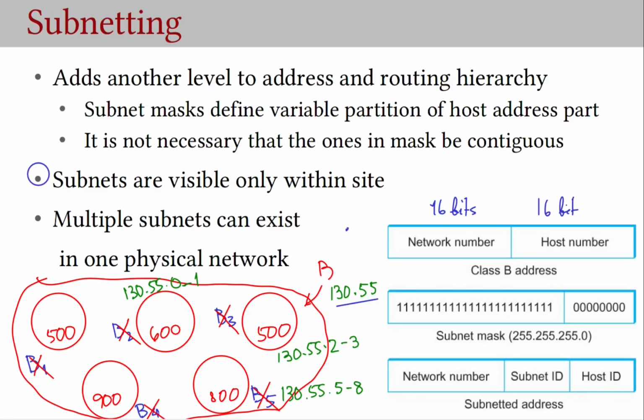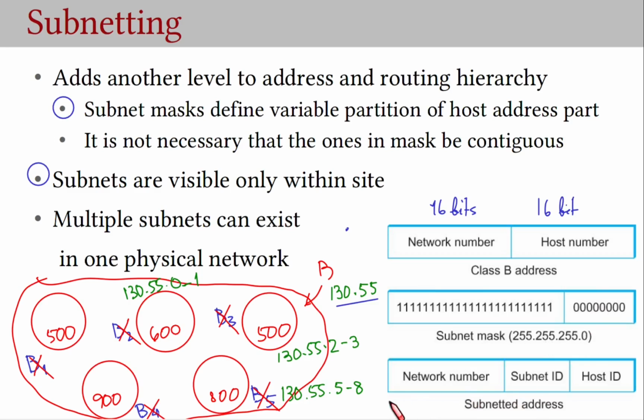This sharing of a single network number across different physical networks is accomplished using two things. One is called subnet mask and the other one is called subnet number. And subnet mask has this form of some ones, they may not be contiguous, but in this case they are, followed by again some zeros.